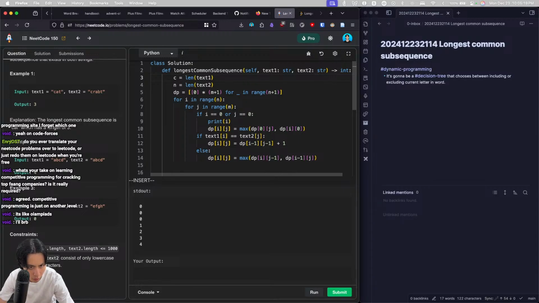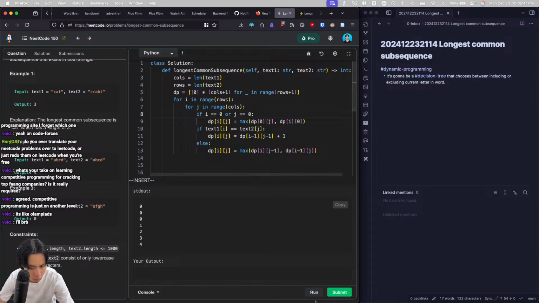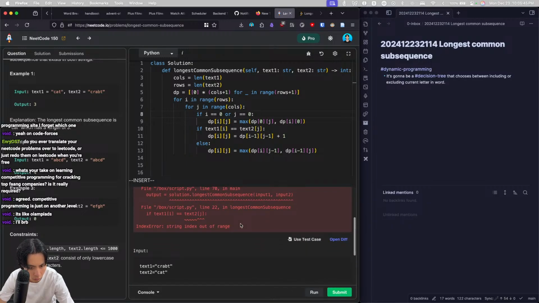Rows. Rows. Cols. Rows. Rows. Cols. Hmm.